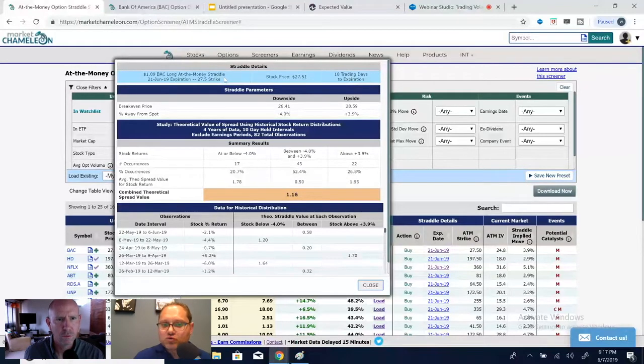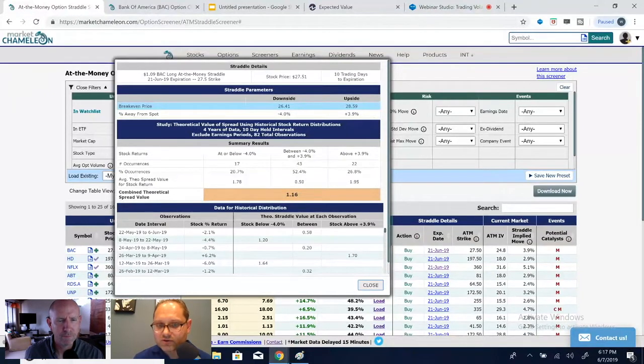Basically, what we know here is that a long at the money straddle right now costs us $1.09 for the June 21st expiration, strike 27.5. The stock price is 27.51, and there are 10 trading days to expiration. For us to make money, the stock has to drop below 26.41 or go above 28.59. That's our break even. It has to go higher or lower than that for us to start making money.